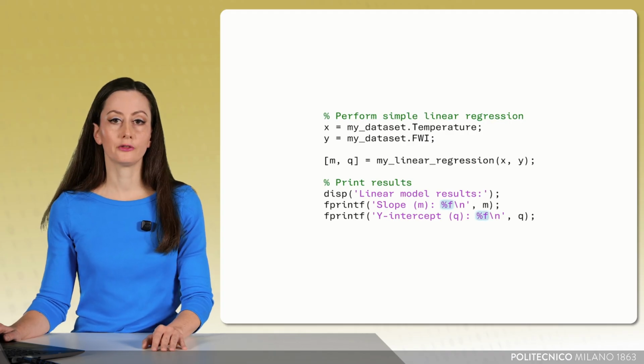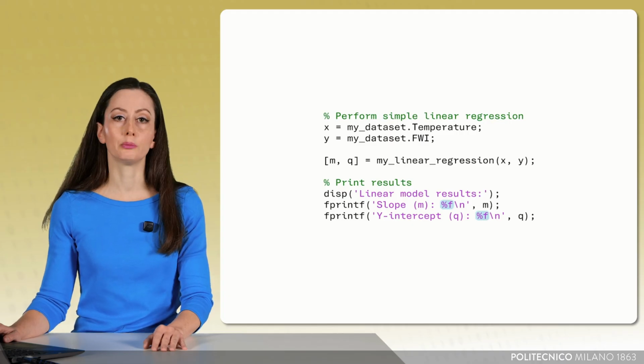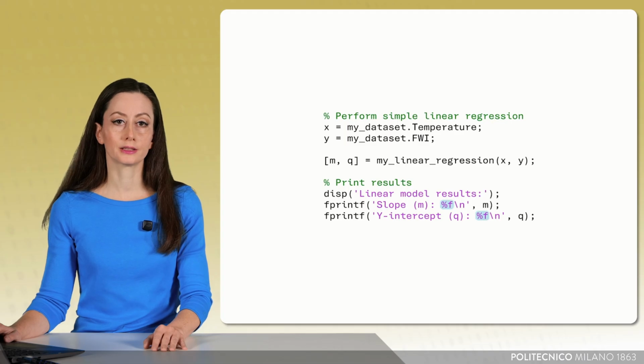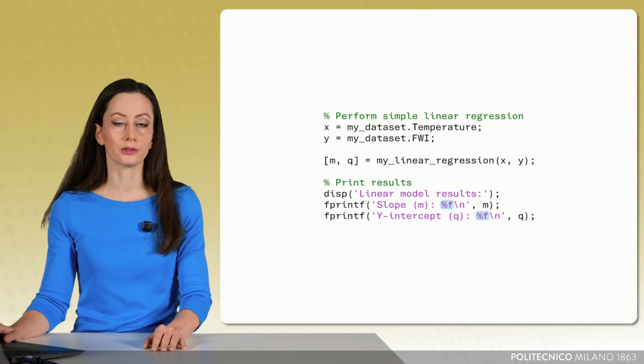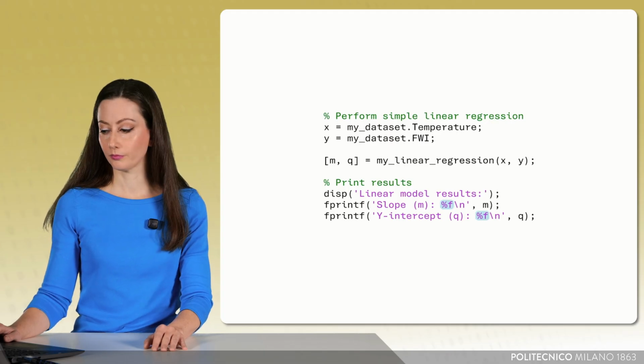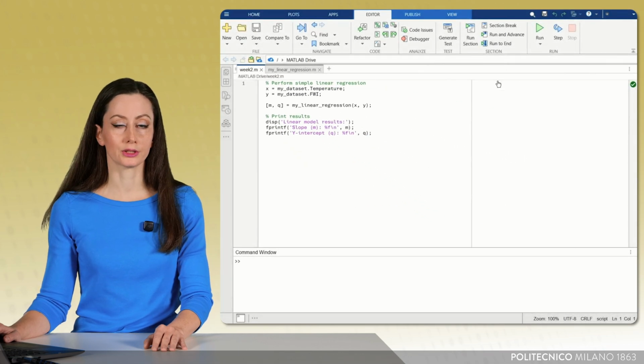In MATLAB, the fprintf function is used to display and format output on the screen. And here, the %f indicates that the variables should be displayed as floating point numbers. And in this case, the variables that we print are m and q. Running this code, we see the results printed on the screen.